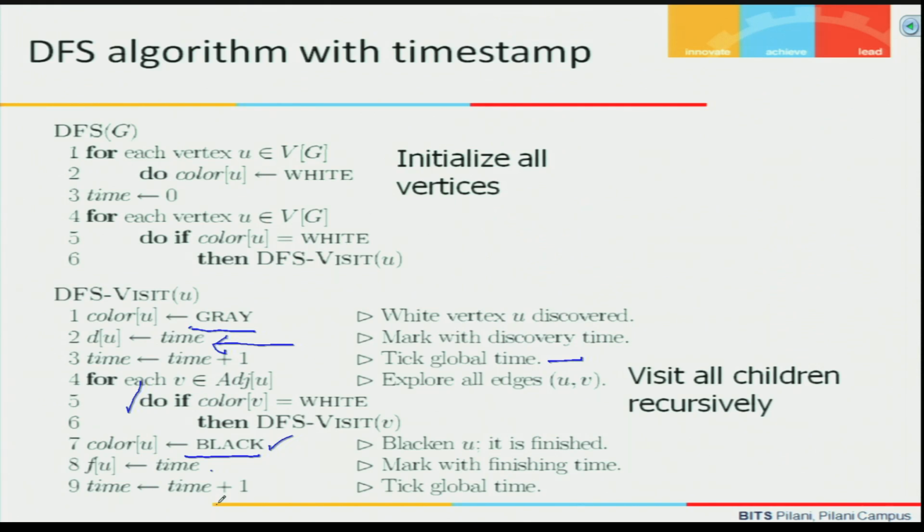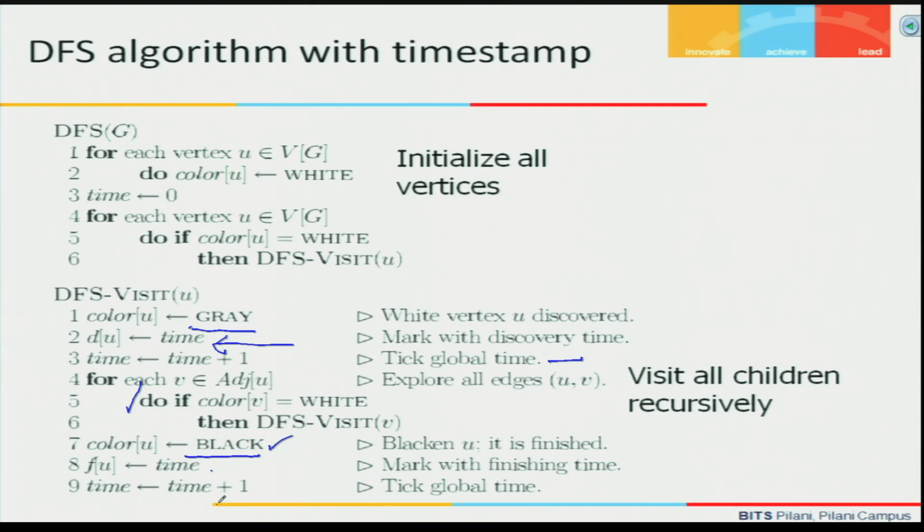So, for every vertex, you are going to time stamp it at two points. One, the first time it is visited, when it moves from white to gray, and another when it becomes black. The DFS algorithm is modified to add this time stamping feature.